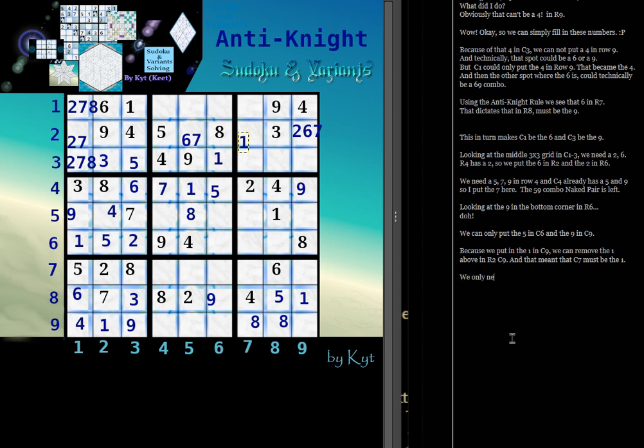And we only need to place a 2, 5, 6, 7, 8 in the upper right 3x3 grid.